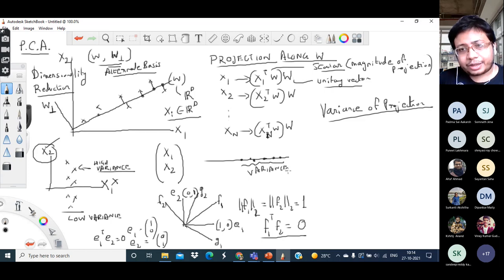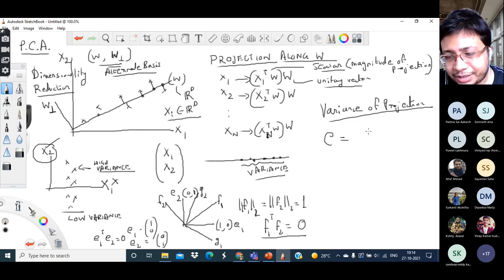Okay, and so what we did in the last class is that we wrote a formula for variance, written in a particular way using the usual definition of variance, and then we wanted to choose W such that that variance is maximized, right?